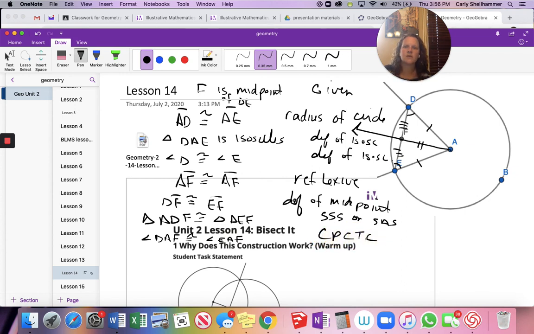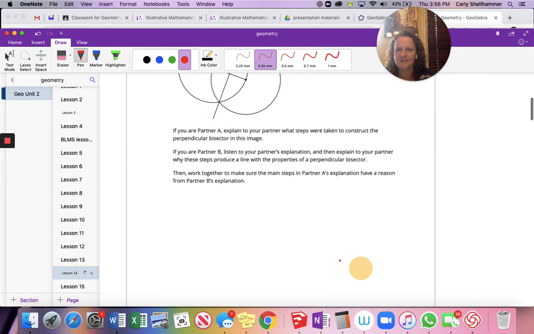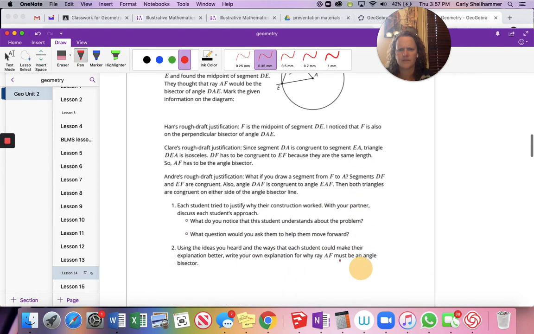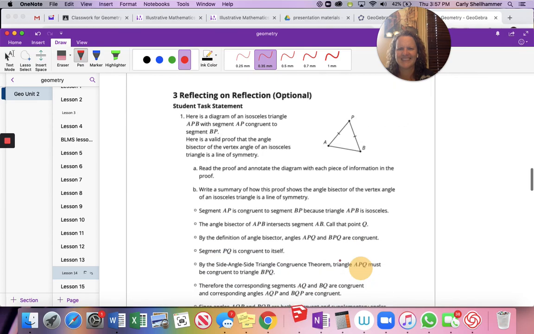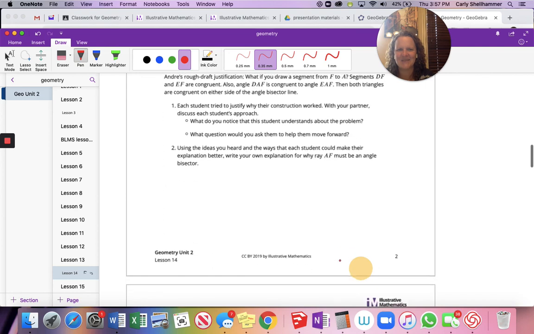And once I say those are equal, I know that AF is an angle bisector. Therefore, AF is the angle bisector of DAE, angle DAE. We did it. Cool. All right, construction from definition. We already did that. I don't know why I put that so far up. I'm so sorry. Okay, so we did task 2.